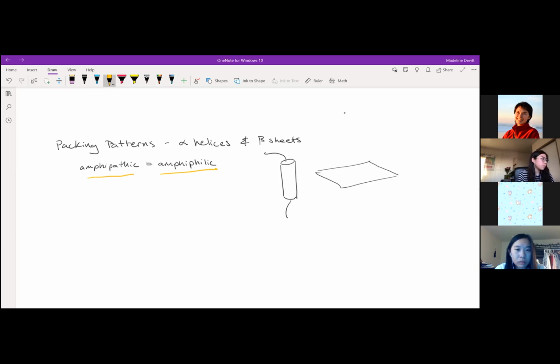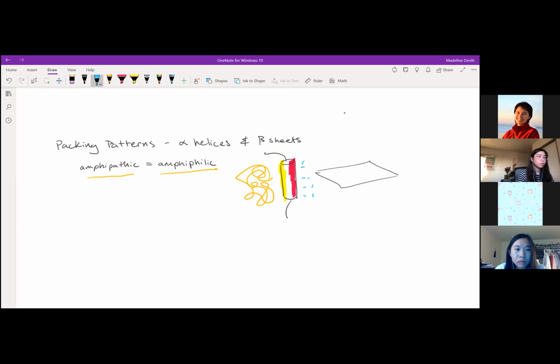Amphipathic just means that one side of our alpha helix is hydrophobic and the other side is hydrophilic. This allows the hydrophobic side of the alpha helix to pack around the protein core, whatever that may be, and the other side to face water.